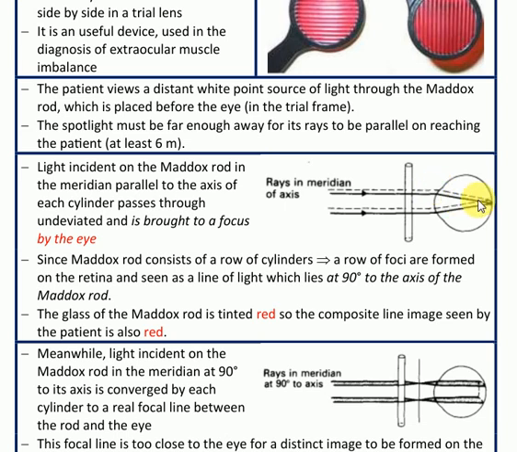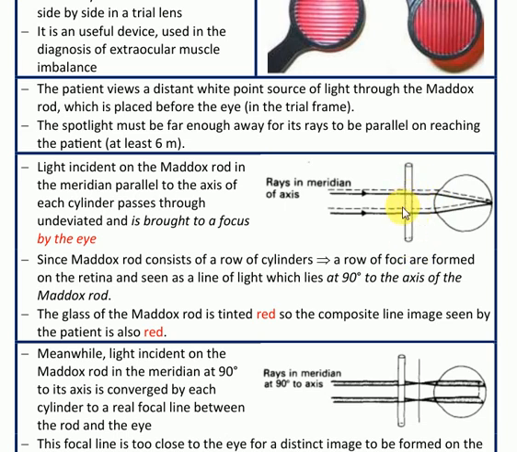Since the maddox rod consists of a row of cylinders, a row of points of foci are formed on the retina and seen as a line of light. This line will be at 90 degrees to the axis of the maddox rod.